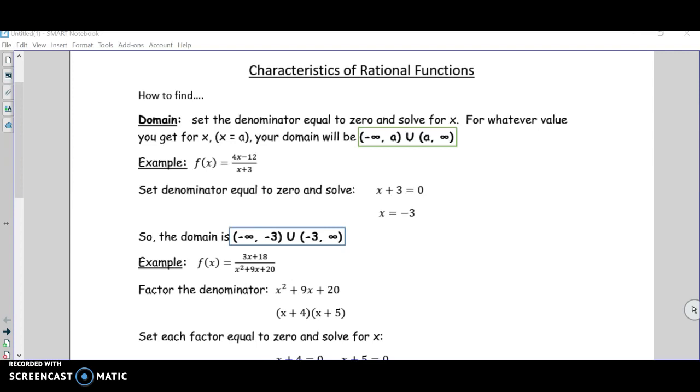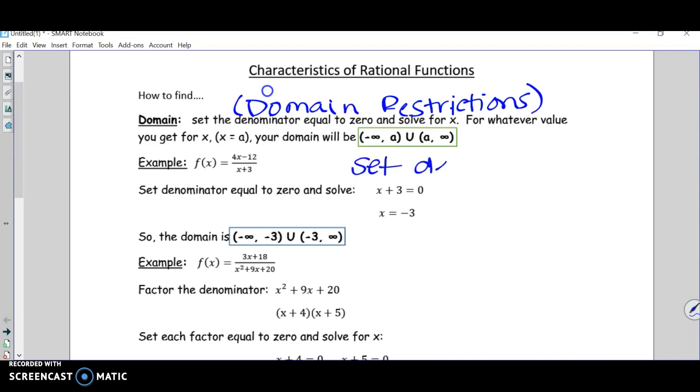So if I'm asking for the domain, you're going to have to look for domain restrictions. How do we find those? Who remembers back to the test that we just had? How do you find domain restrictions? Denominator equal to zero, and you got to simplify and factor first to do that, okay?